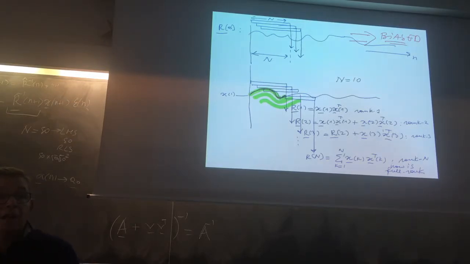Full rank means all the eigenvalues are different from 0. Excellent. Now I can start inverting. So at this stage, I can compute R10 to the minus 1, because it's full rank. Now I have the algorithm starting.